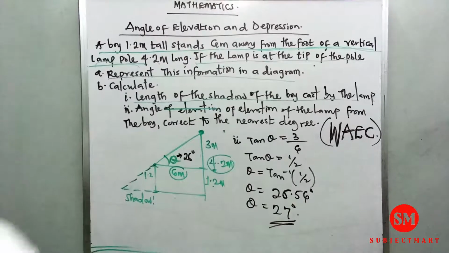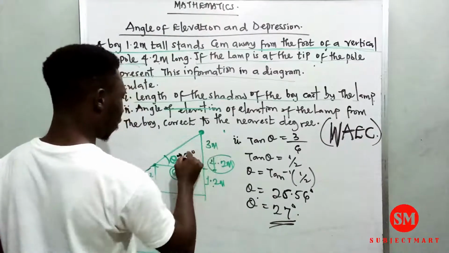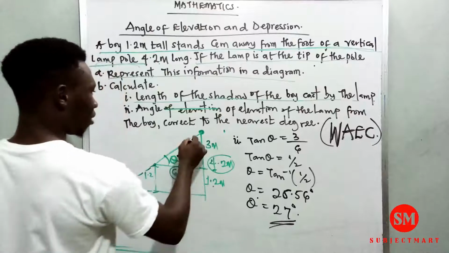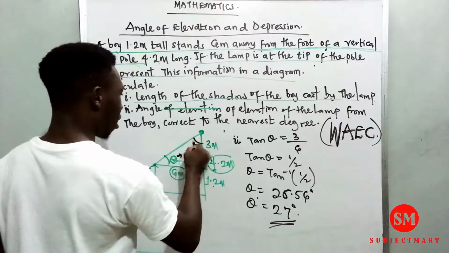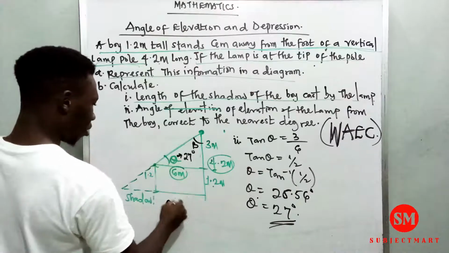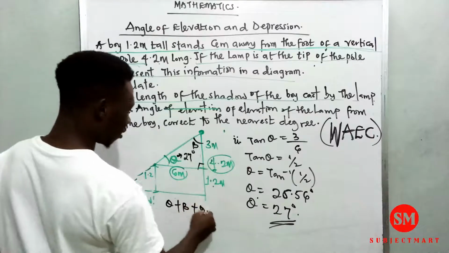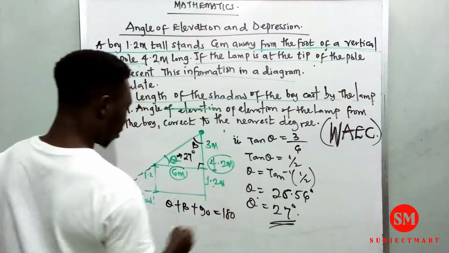Now, since we've gotten our value here as 27 degrees, let us find the value of this other angle. If we call it beta, then alpha plus beta plus, don't forget this is a right angle, 90 degrees, is equal to 180.